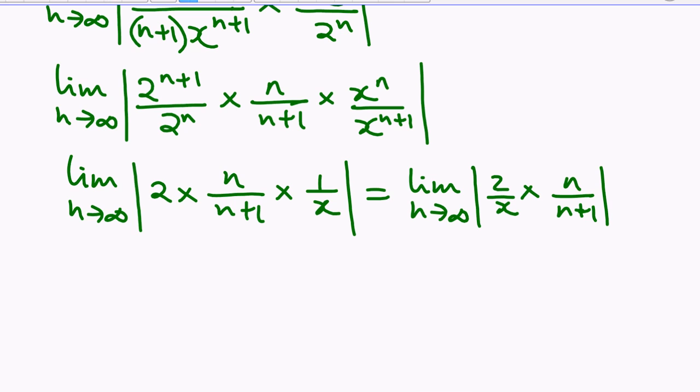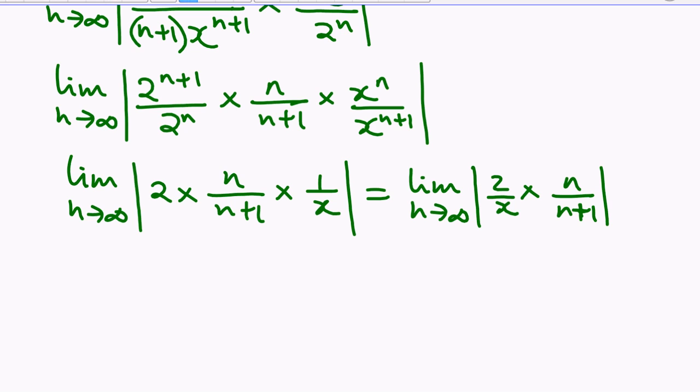Now x here is a dummy variable because x can take any value. Here, we can take x as a constant. It's just a dummy variable here. x can be any number, and you're trying to find what values of x this series will converge. So x is a constant because you're finding the limit as n approaches infinity.